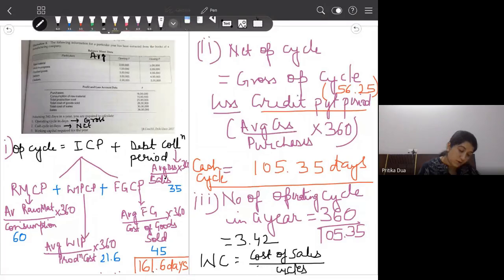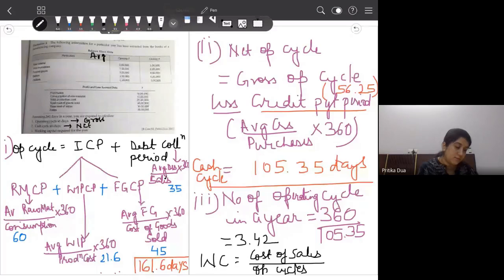Your cost of sales is given in the question, 20 lakh. So 20 lakh divided by 3.42 will give you your working capital requirement for a particular year.